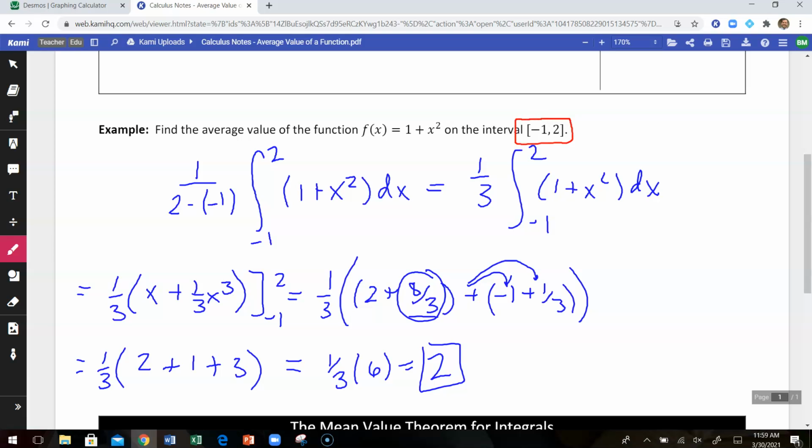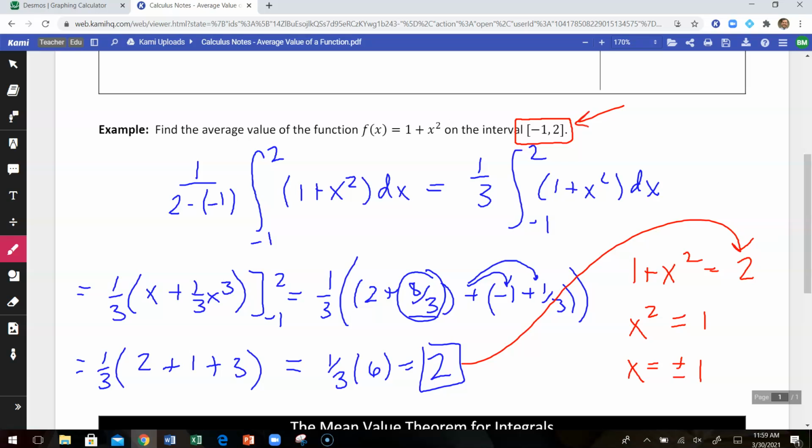Our interval is -1 to 2. If I wanted to know what x values actually give me that average value, all I need to do is set my function equal to the average value. So if I set 1 plus x squared equal to 2 and solve this, I'm going to get x squared equals 1, which means x could be positive or -1, both of which are in that interval from -1 to 2.